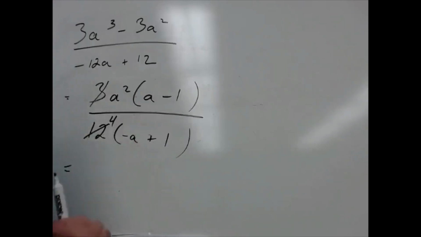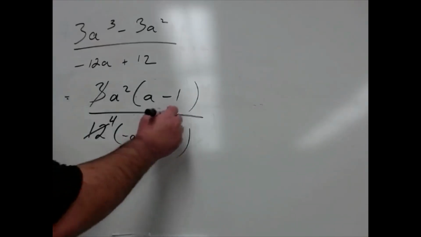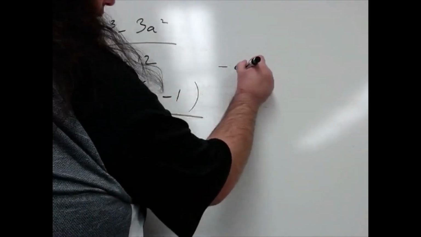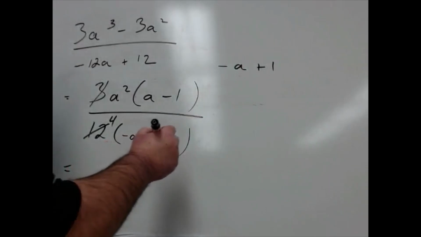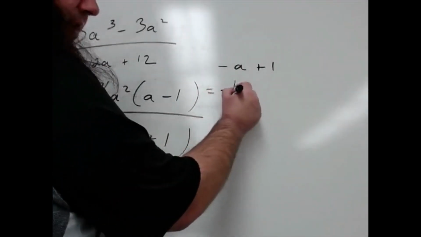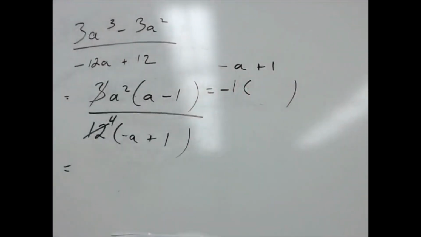So whenever you run into this instance where you just have signs reversed, the way that you can rewrite the terms so that they can cancel is to factor out a negative 1. So let's just consider negative a plus 1 for a minute over here. If I'm going to factor out a negative 1, I put the negative 1 out in front of a set of brackets.